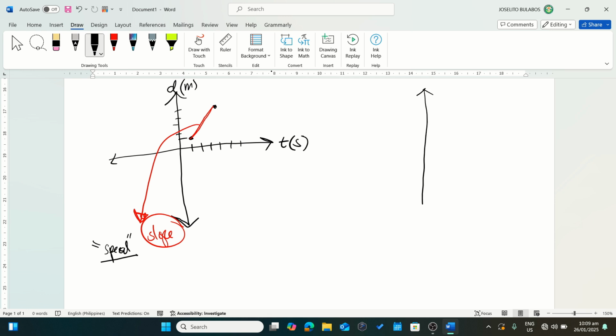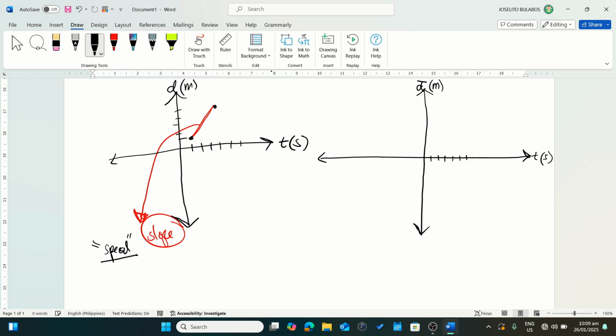Now, on the other hand, for velocity, I need to use the black one. Just like speed, if we graph the value, the only difference is that, same with speed, this is time in seconds, but here it should be displacement and not distance, but still in meters because that's the SI unit.